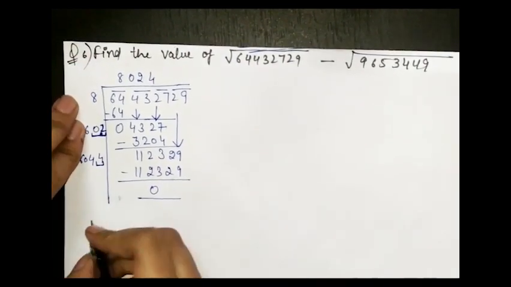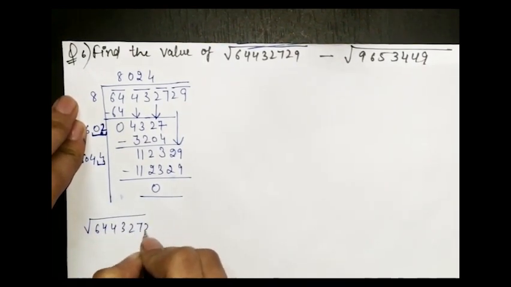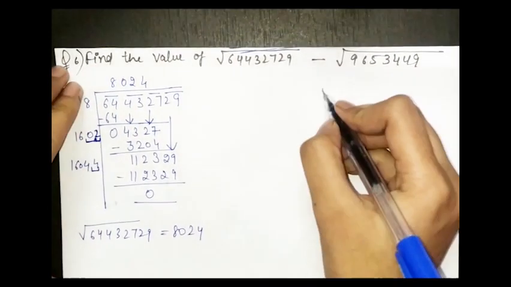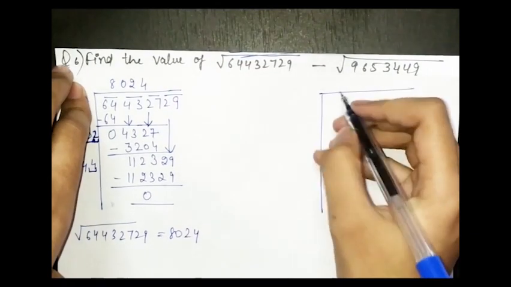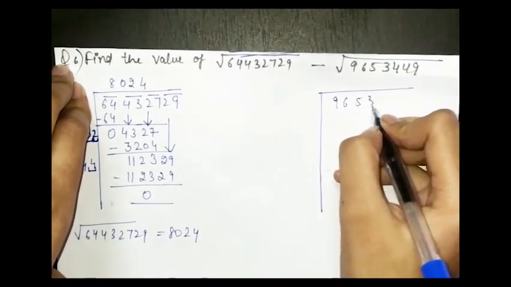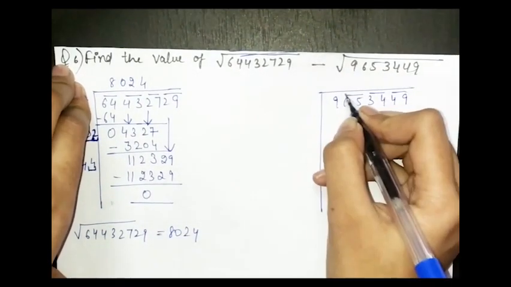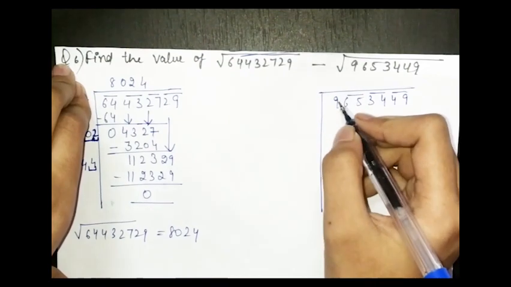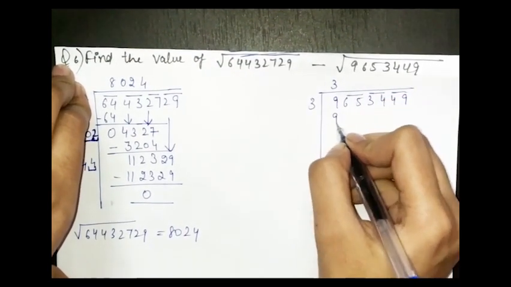So you all know that the square root of 6432729 is 8024, and now we will do the square long division of this number, 9653449. One pair is this, one pair is this, one pair is this, and there is no pair here. You know that 9 is the square of 3, that is 3 into 3, and this is 0.